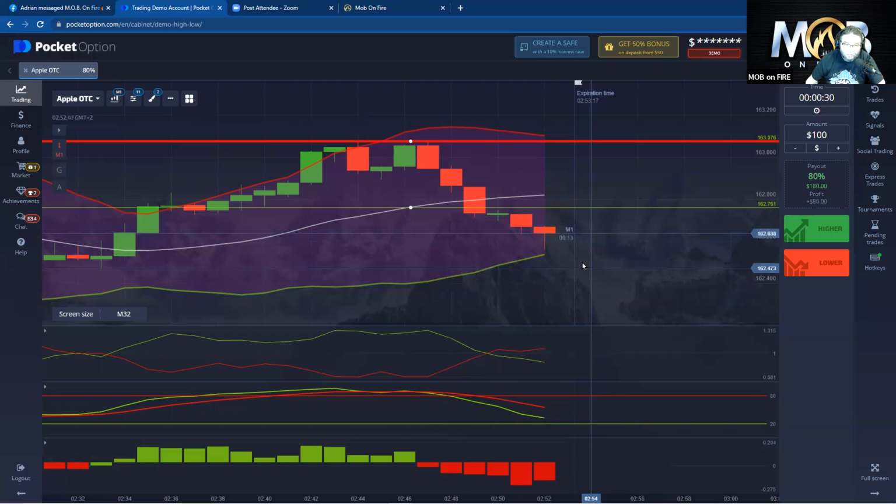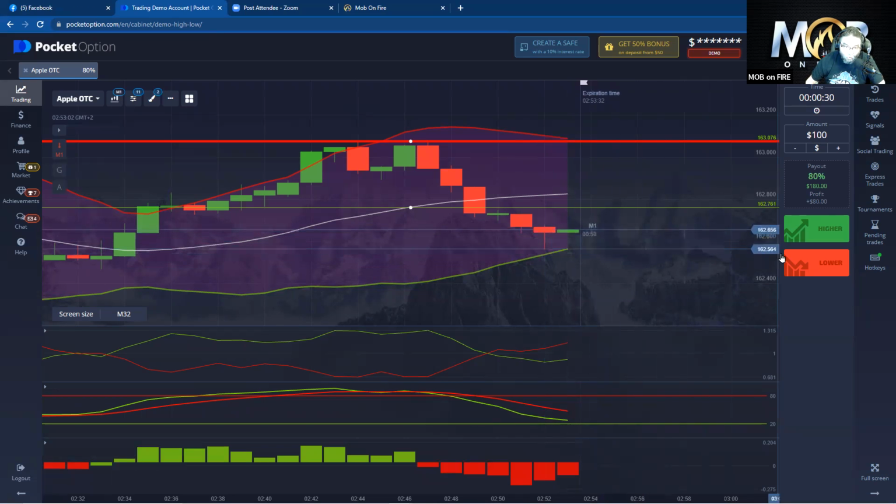Okay. But you see where the wick is? The wick is right down here. Okay. That's where price wants to go. So I'm going to wait for this candle to end. Okay. And I'm going to wait for it to get higher, higher.